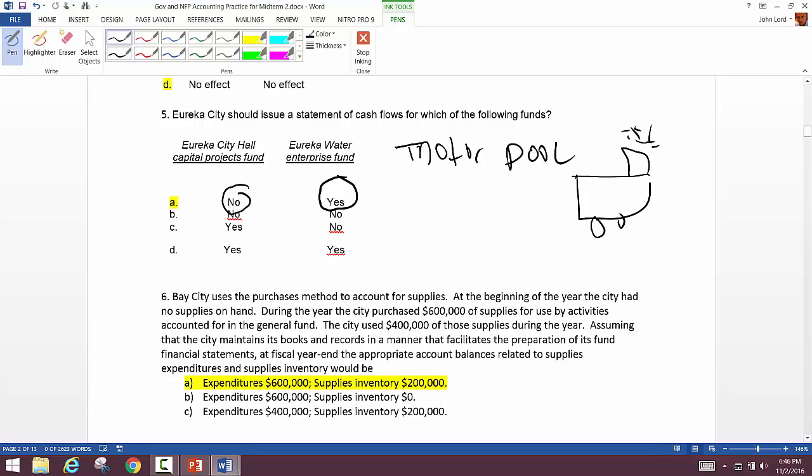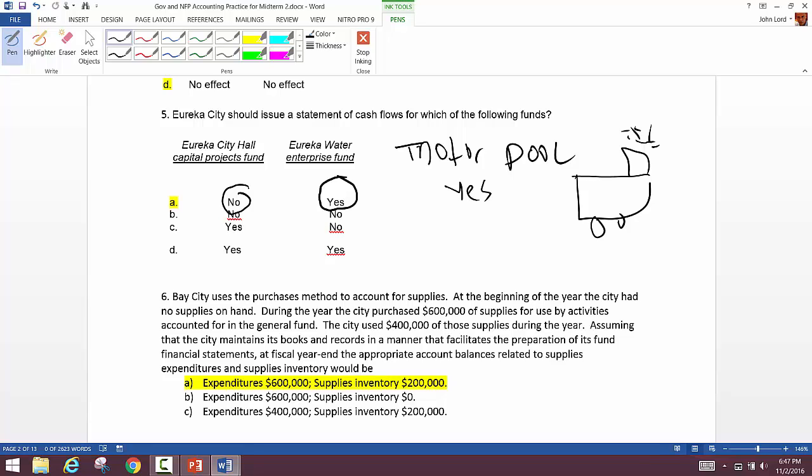They bring the city vehicles to the motor pool internal service fund, don't they? So for that one, it would be a yes, because that's a proprietary fund, right? Okay, good. How about this one?